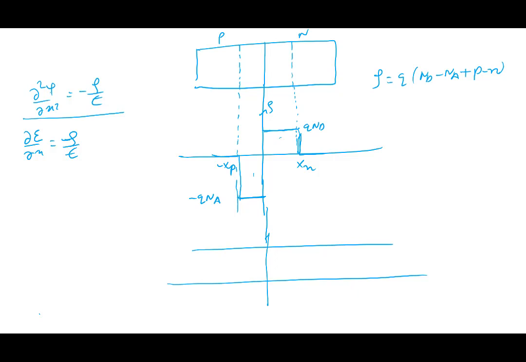So you can solve the whole problem graphically. Integrate it once, you get the electric field. Integrate it twice, you get the potential. And you know the boundary conditions. So go ahead and try this by yourself and see what expression you get for psi in terms of xn and xp and all of that. Okay? All right, so let me stop here.